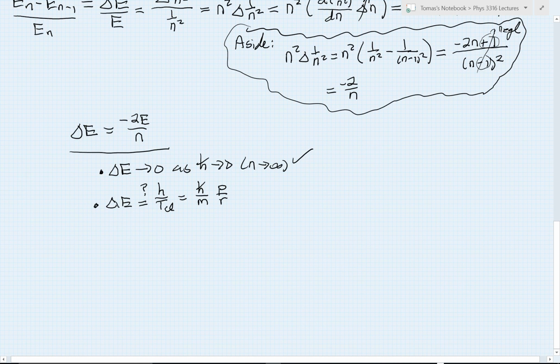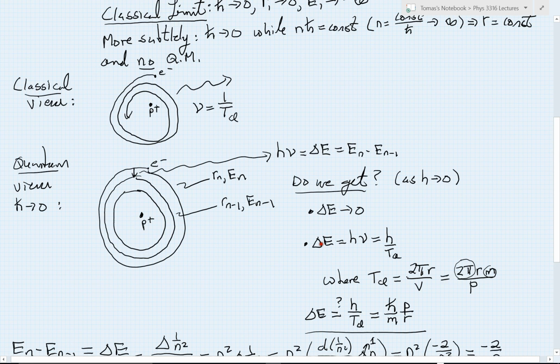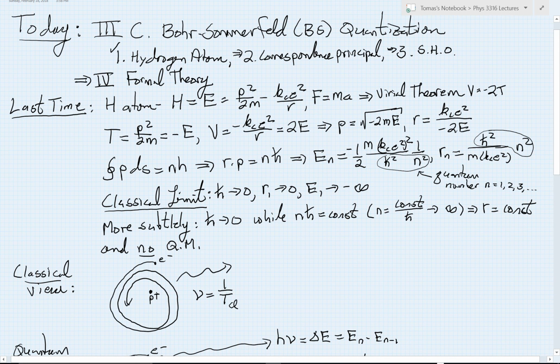Well, the best way to evaluate this is let's look at this right-hand side and see what it gives us. So we have Planck's constant divided by the electron mass. We now have to substitute in the ratio between the momentum and the radius. Those quantities, fortunately, we do understand in terms of energy. The momentum is the square root of minus 2mE, and the radius actually is the Coulomb pieces divided by minus 2E.